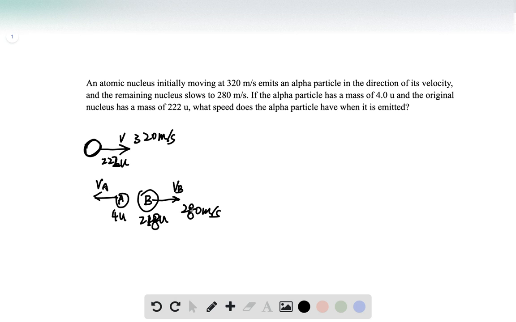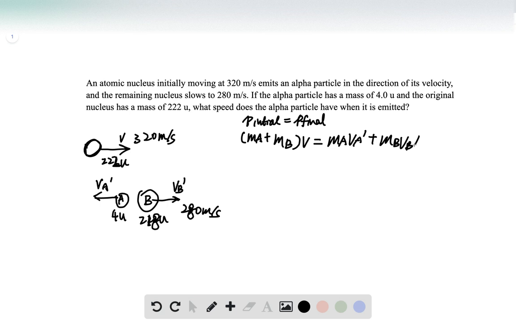So again, since there are no external forces, this is a typical conservation of momentum question. And we can write P initial equals P final. P initial is, I have the mass of both particles traveling at the same velocity V. Afterwards is MA VA. Let me call it prime, just to indicate that it's after the emission, MB VB prime.